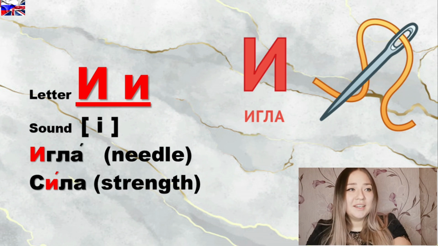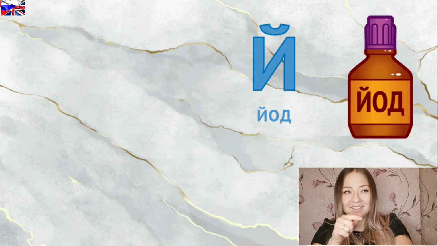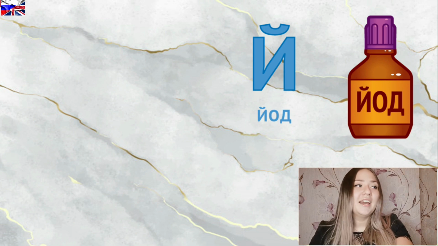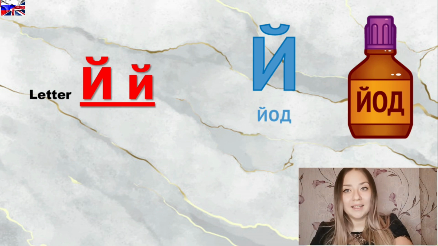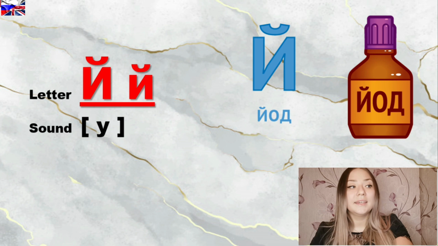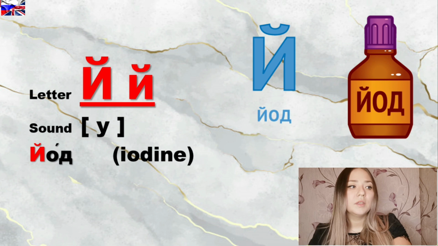The next one is quite similar to the letter E, but it has this type of thing on it, and this is letter I, or we also call it I краткая, or short E. Letter I, sound Y. For example, iodine, йод.